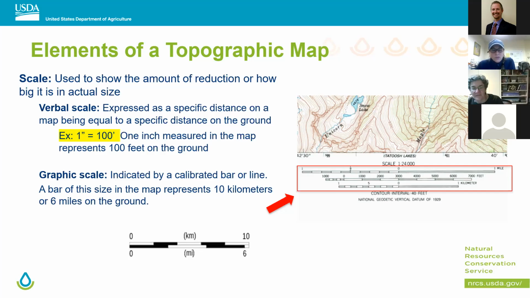And then there are graphic scales. That can be a bar or a line graph. And again, that just represents what you're seeing on the map equal to what's on the ground.